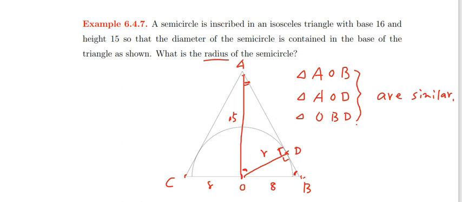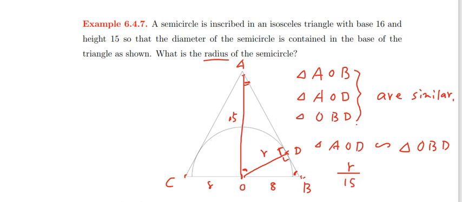So let's just check AOD. We simply say triangle AOD and large triangle OBD are similar. So we say R over 15.